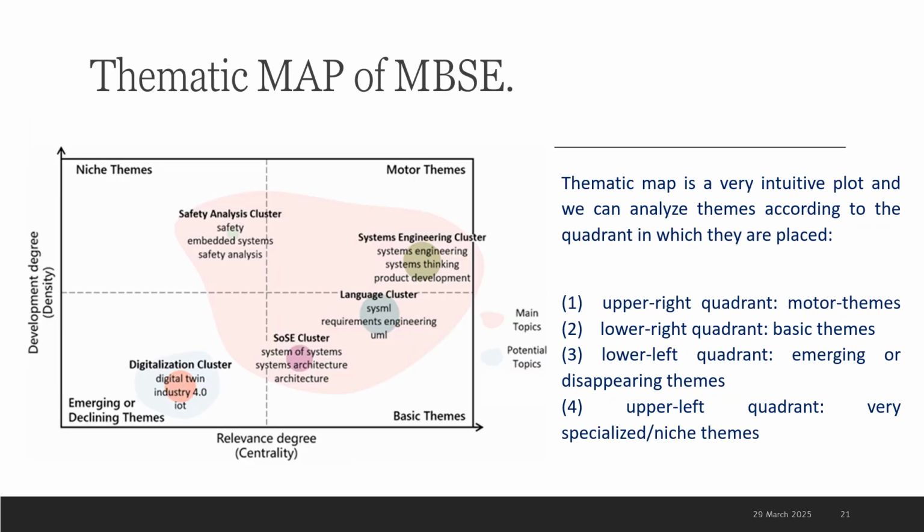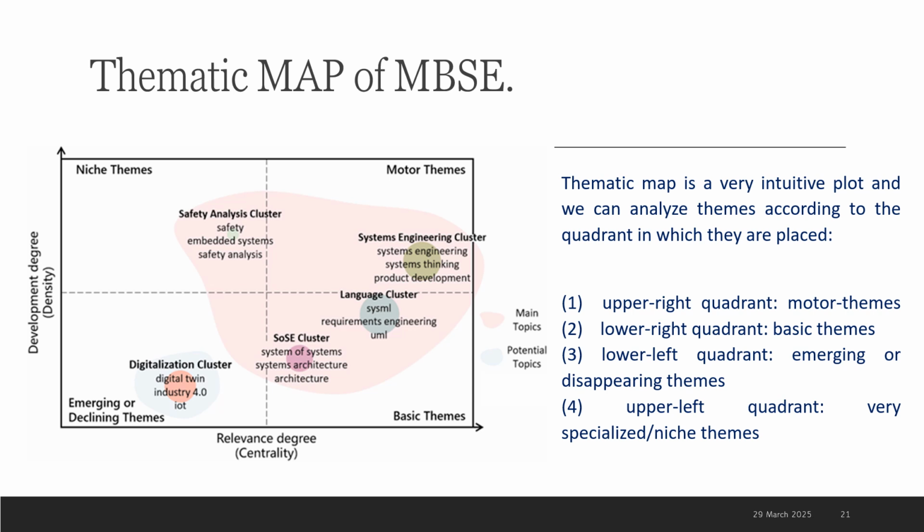The thematic map of MBSE categorizes topics in model-based systems engineering based on their development degree and relevance. Motor themes in the upper right corner show the systems engineering cluster driving research, including systems thinking and product development. The basic themes in the lower right show the language cluster, which covers SysML, UML, and requirements engineering, fundamental to MBSE.